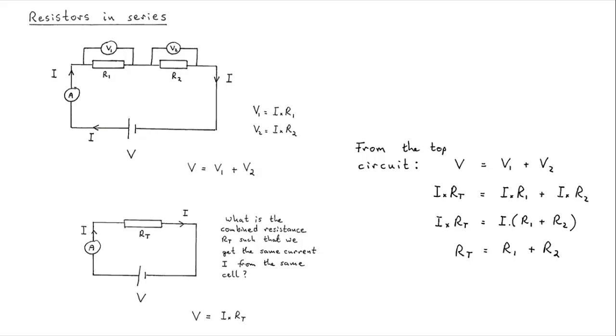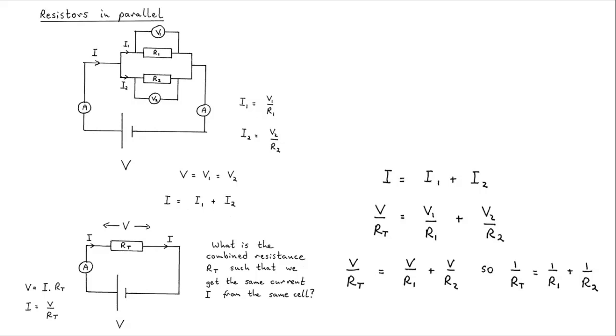And a little bit of cancellation leads us to RT equals R1 plus R2. So when we have resistors in series, we add their values. And we could have 3 or more in series, and we just add them sequentially. Now, the good news is that you don't need to prove this relationship, usually. You'd be either given the equation or you're simply expected to know it. But I think following that argument through is good for you, good for your soul, if you have one.